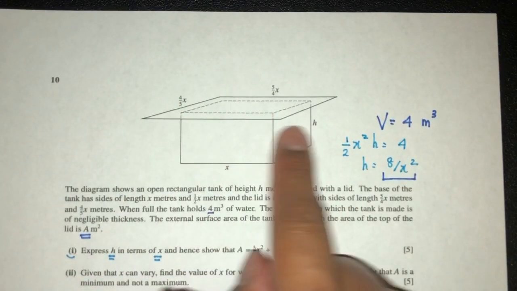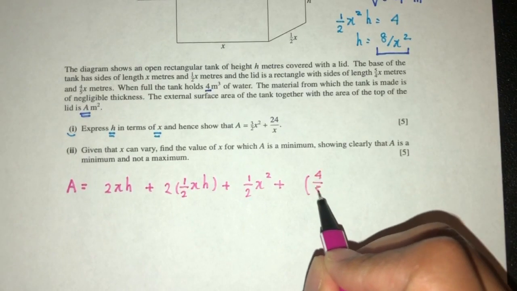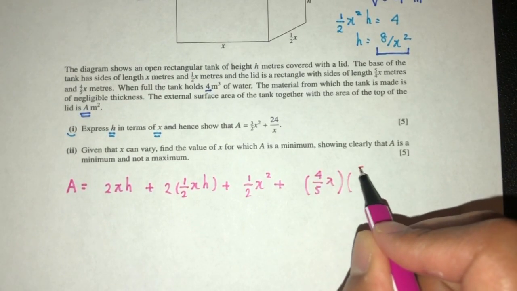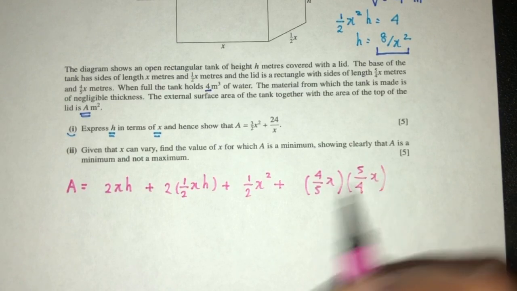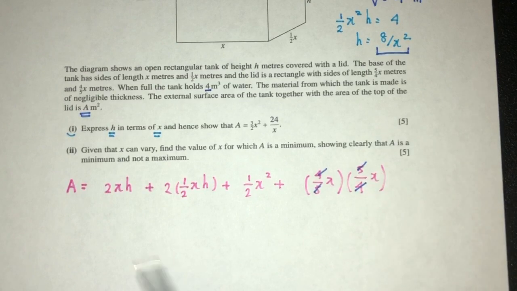The area of the top is length times width, that should be 4 over 5x times 5 over 4x. As you can see, this will cancel out. Let's simplify.